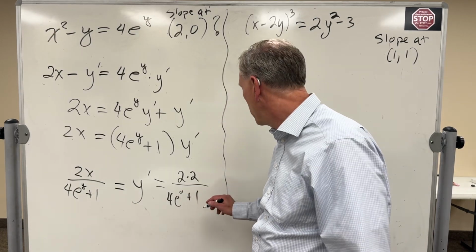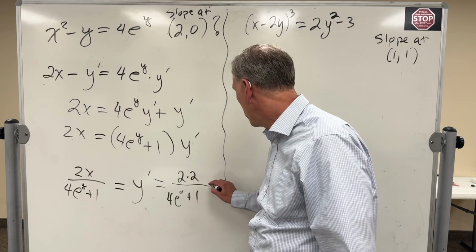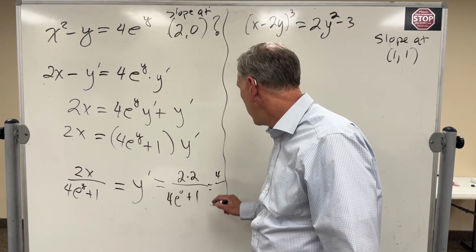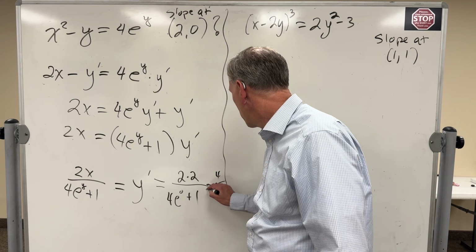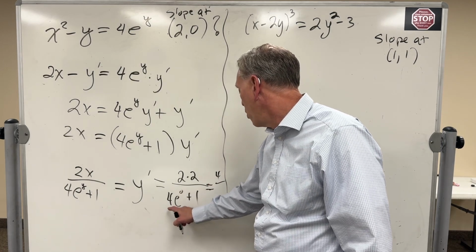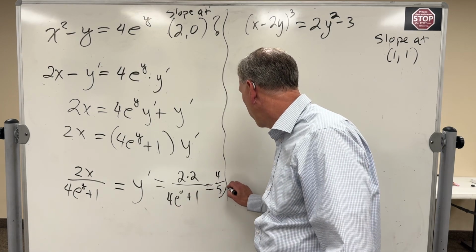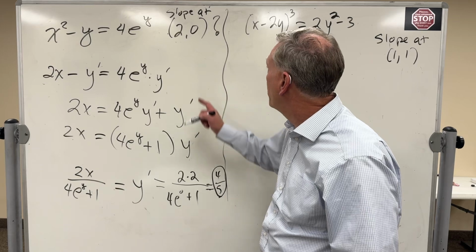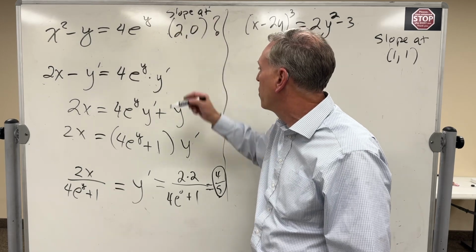That works out to 2 times 2 is 4, divided by, e to the 0 is 1, 4 plus 1 is 5. So we get 4/5. 4/5 is the slope at (2, 0).